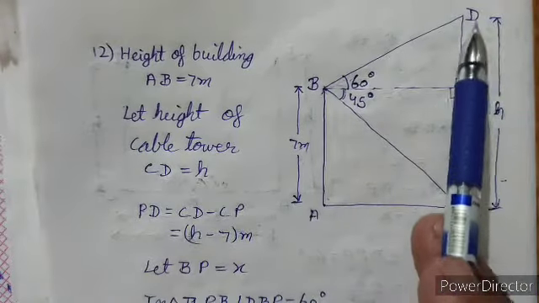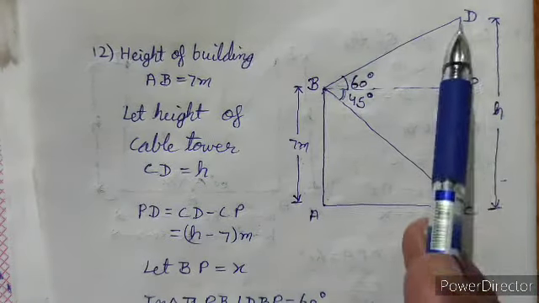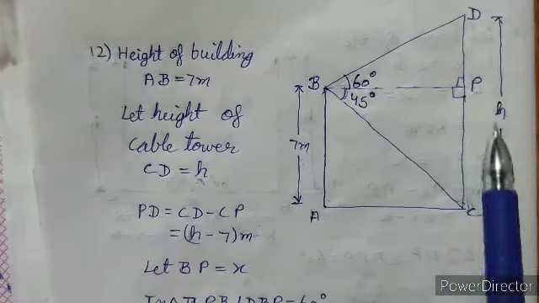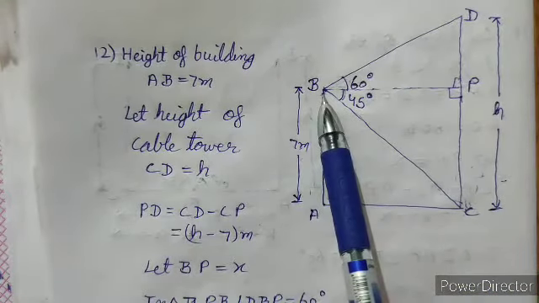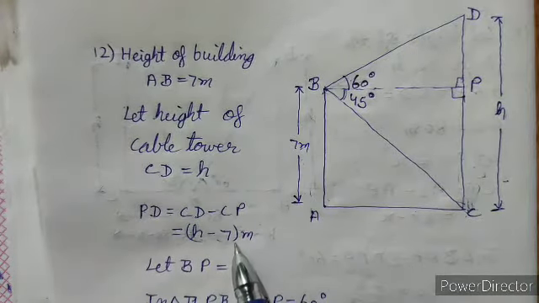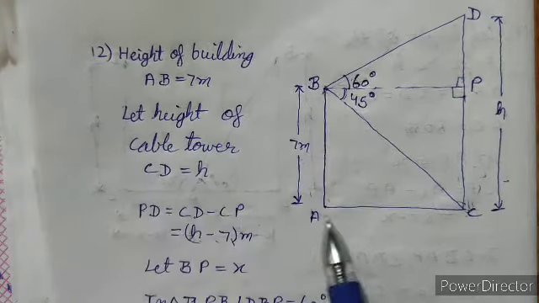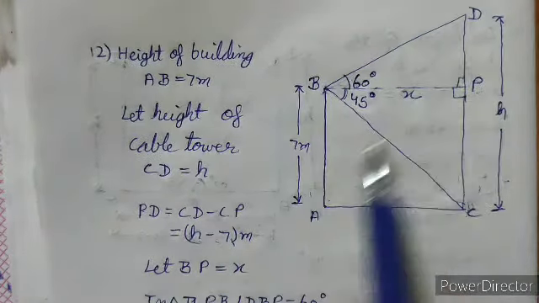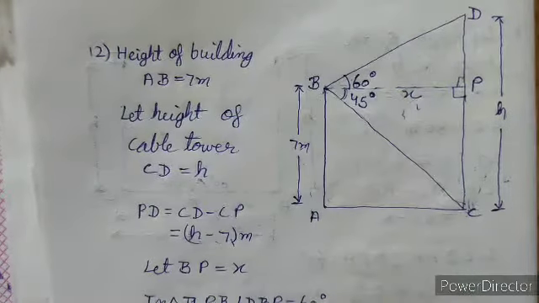Now PD will be equal to CD minus CP. CD was equal to h and CP will be equal to AB. That means we can say that PD is equal to h minus 7. Now let BP be equal to x, which is the common side in these two triangles.